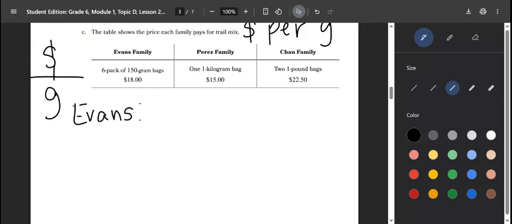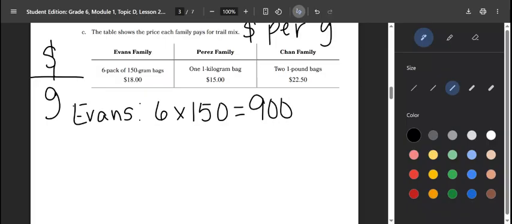So the total number of grams is going to be 6 times 150 grams, because each bag is 150 grams. And that's going to give us 900 grams.